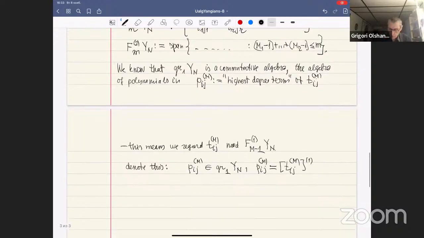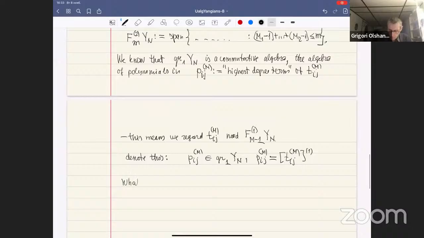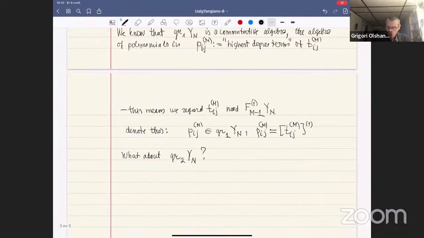But what about the associated graded algebra with respect to the second filtration? So here we have a commutative algebra, but this algebra is already non-commutative.